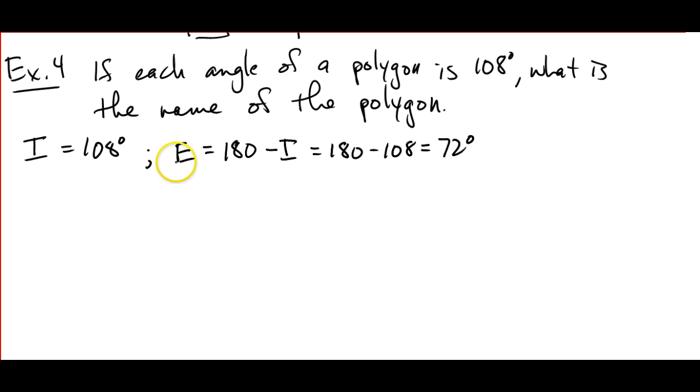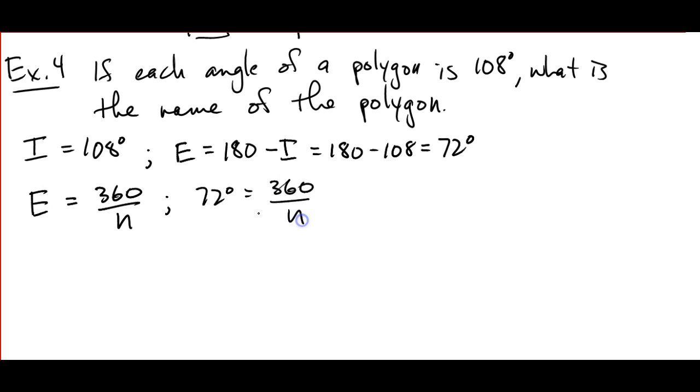So I know that the exterior angle is 72, and I know that the exterior angle is 360 divided by n. So I can substitute in for E. So I've got 72 degrees is equal to 360 divided by n. Put this over 1. I'm going to cross multiply. 72n is equal to 360. Divide both sides by 72.